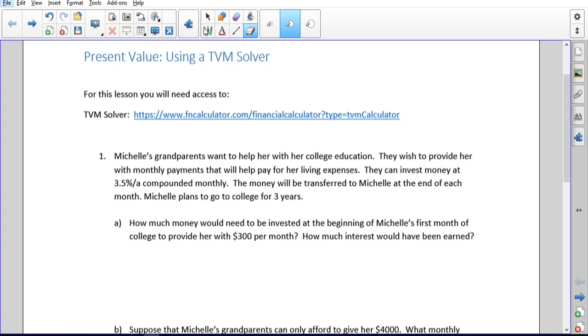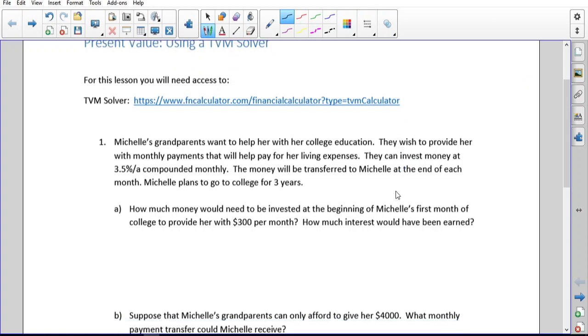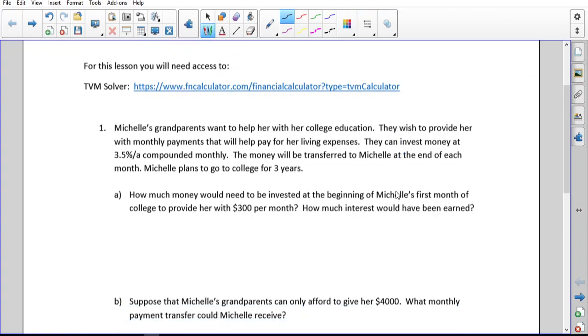Okay, so in this first example, we're looking at Michelle's grandparents. They're going to help her with her college education. The situation is Michelle's about to head to college, and let's pretend that all her tuition and residence and stuff like that is paid for. Michelle's grandparents are going to take a bunch of money and put it into a savings account, like an annuity, and that money is going to collect interest at 3.5%.